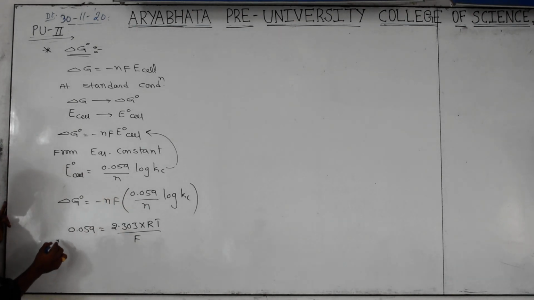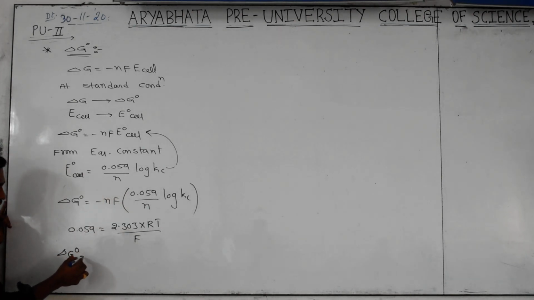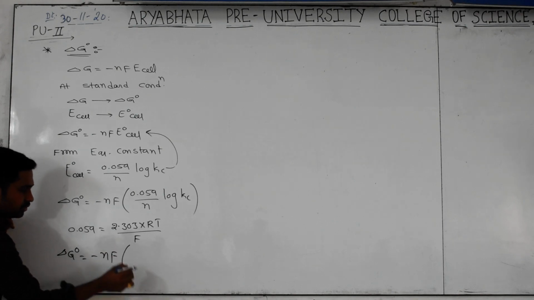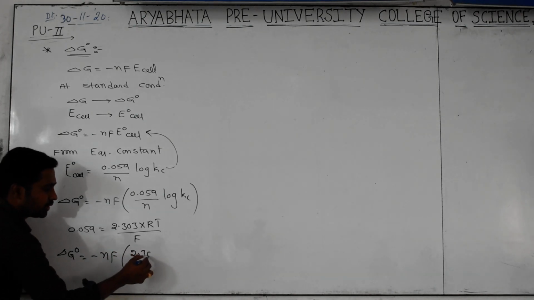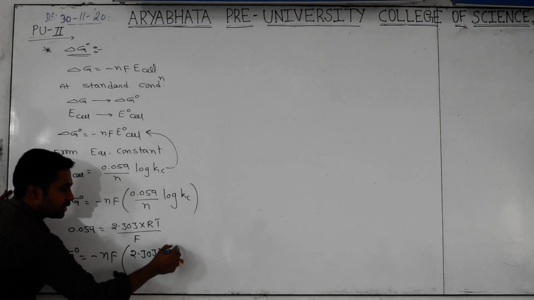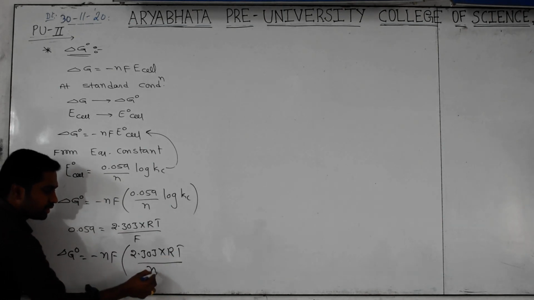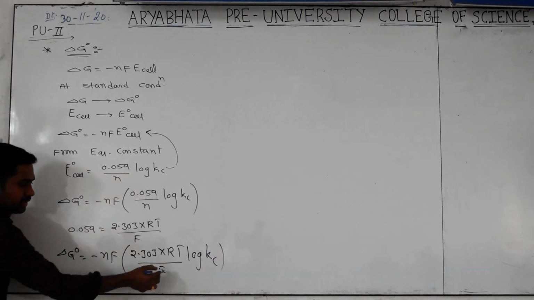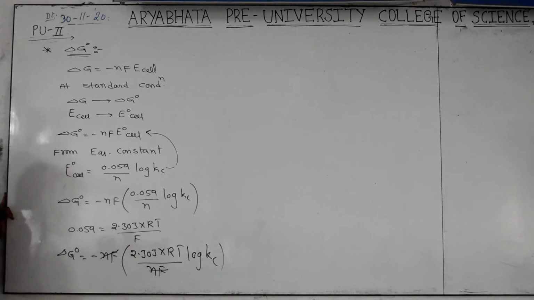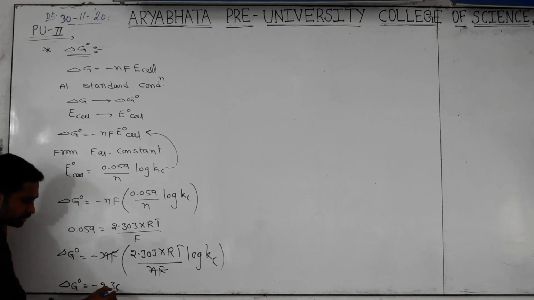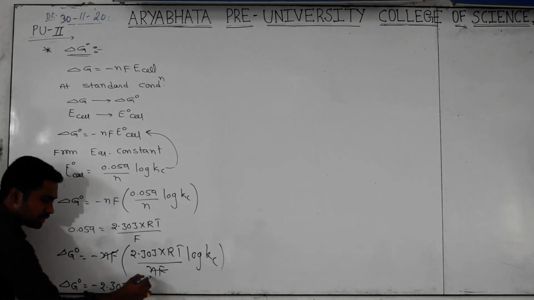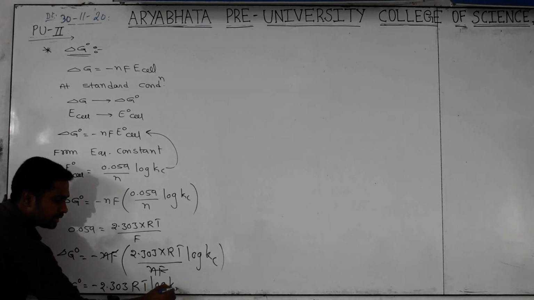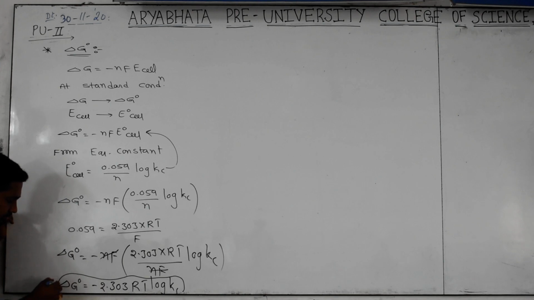Then delta G naught is equal to minus nF into 2.303 into RT by nF into log Kc. Some common terms are there: nF and nF cancel together. So finally we get standard free energy change is equal to minus 2.303 RT log Kc. This is the formula we are using.